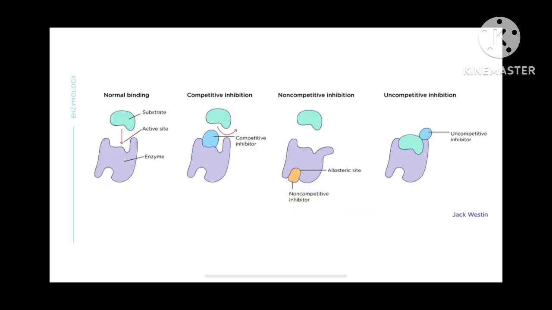Okay, brief recap. The normal reaction for enzyme and substrate is found in the first picture. You can see there that the substrate really fits the active site of the enzyme.